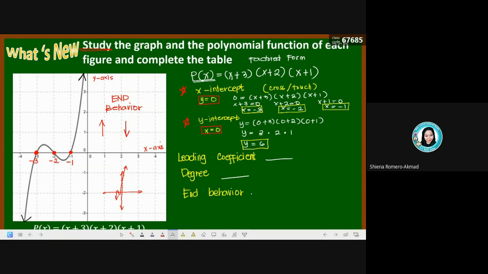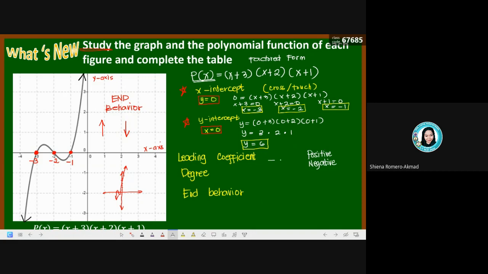So let's study the graph. Ano yung magiging itsura ng end behavior niya? Or ano yung magiging end behavior niya kung ganito yung coefficient, kung ganyan yung degree, and so on. So ano yung kailangan nating alamin dito? Kailangan natin alamin if the leading coefficient is a positive number or a negative number.